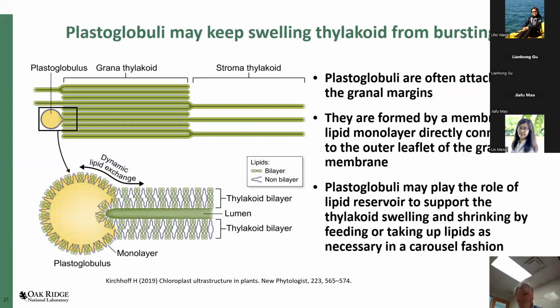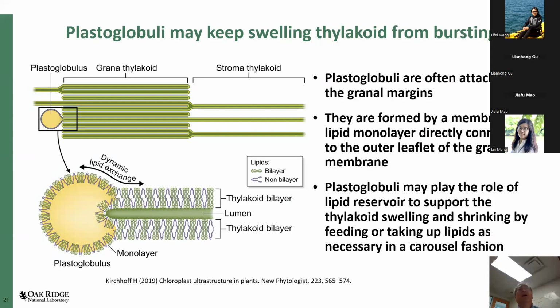You might ask, can thylakoid burst if it swells in the light? Guard cells swell, but don't burst because plant cells have rigid walls. Chloroplasts have thylakoids, but don't have rigid walls. Thylakoid does not burst because of an organelle called plastoglobuli. Plastoglobuli are often found to be attached to the granum margins.